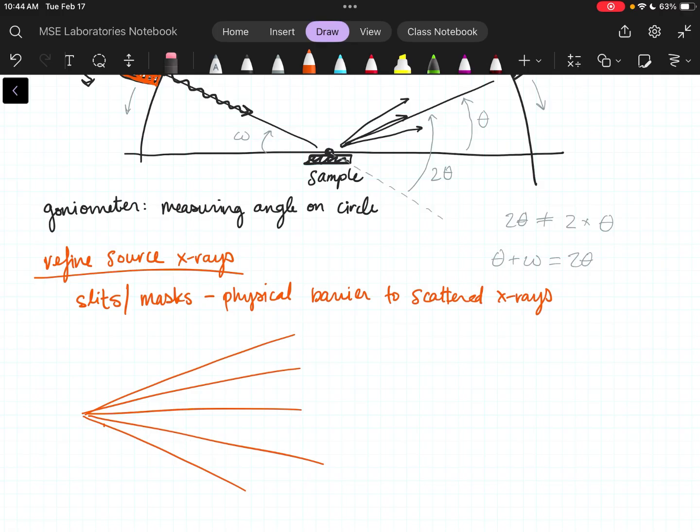To draw it out, oops, that was way too thick a line. So let's say my source is putting out this kind of wide spray of x-rays.